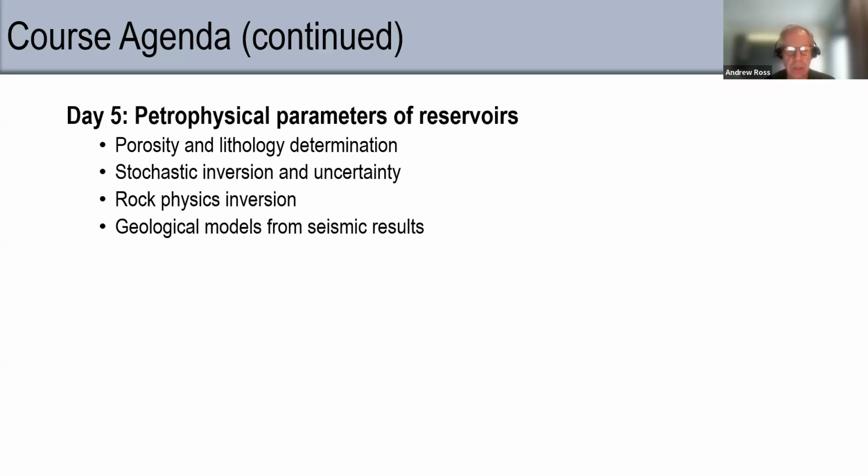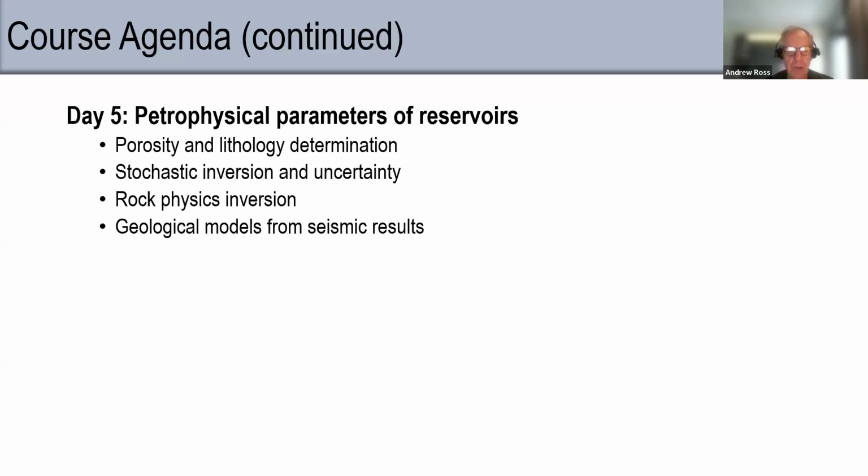And then the final part, I won't spend too much time on it, but I'll just highlight some of the things about building geological models. So the final results from my reservoir characterization should hopefully be some data set that the modelers can use to build a better geological model. And related to this is things like history matching.